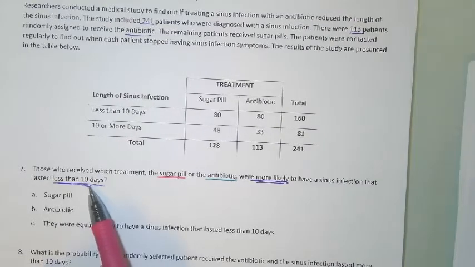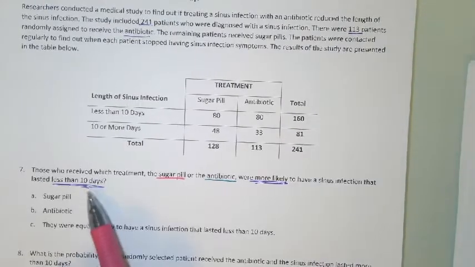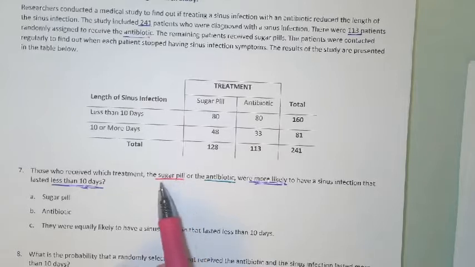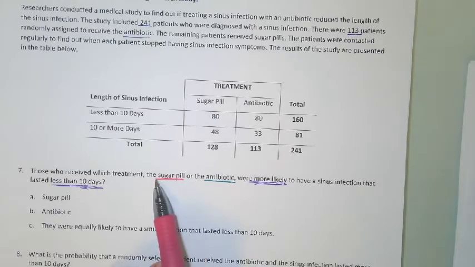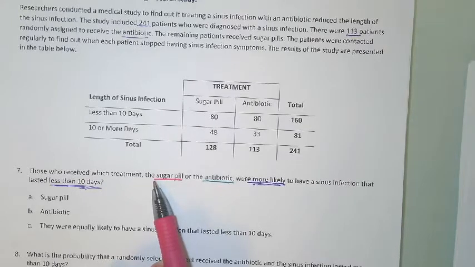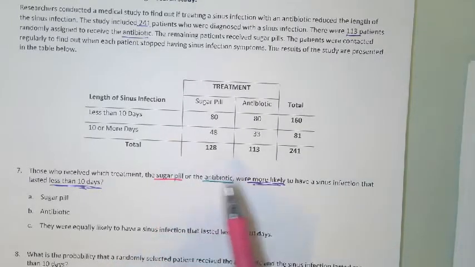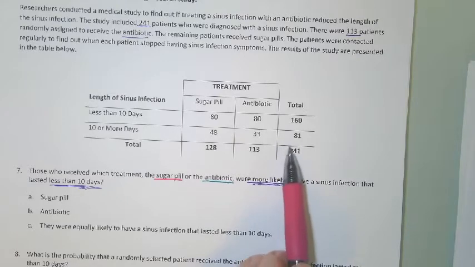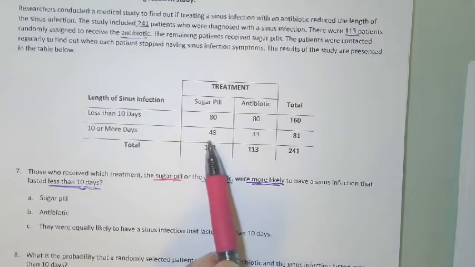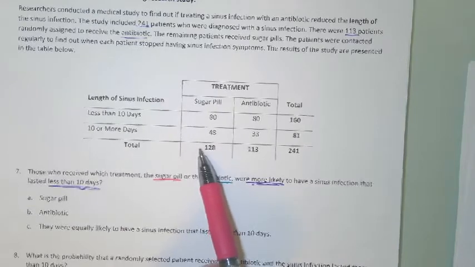This would be an example of conditional probability, because by saying we're only looking at those who took the sugar pill, we're now limiting the total amount. When we go to calculate the probability, we're not going to use the overall total of 241, but just the total for only those who took the sugar pill.